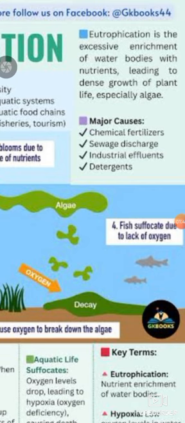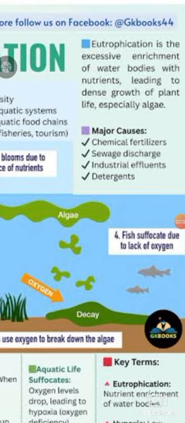When rain falls on the farms that have used chemical fertilizers, not organic fertilizers, it has to be chemical fertilizers containing a lot of nitrates, NO3 minus, and phosphate, PO4 3 minus. Those are the culprits, chemical fertilizers.